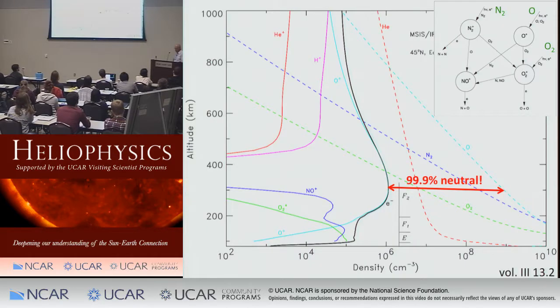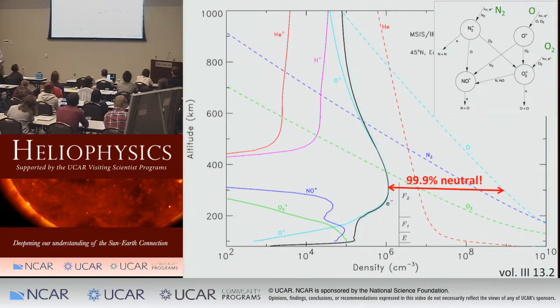Okay, so slightly more of the details here. I want to show you, so this is taken again from volume 3, and in all of the colors here, I have the density of all the different constituents broken out one by one. So in the dashed lines, we have molecules.